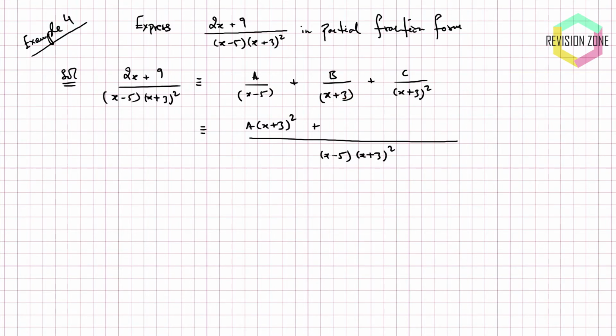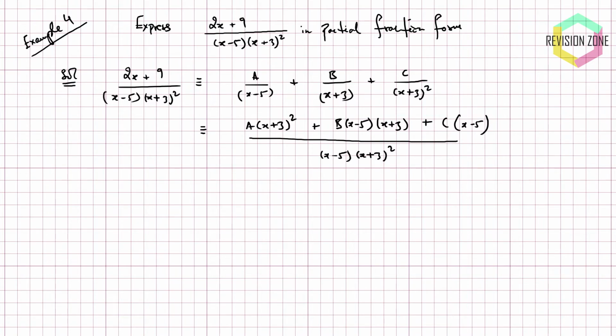So now going to the second term here, I want to multiply top and bottom of this by x minus 5 and one factor of x plus 3. So I'm going to say b times x minus 5 and one factor of x plus 3. That would guarantee that this fraction here has the same denominator as x minus 5 times x plus 3 all squared. And lastly, for the c, the only top and bottom multiplication needed is by x minus 5, and that would give me the right denominator.